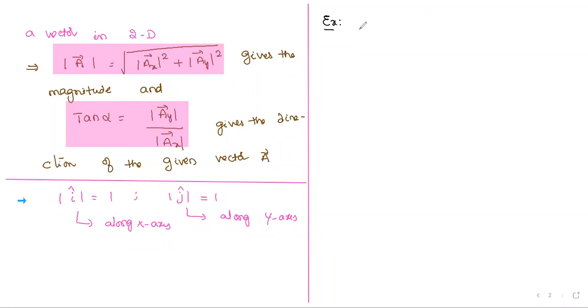Suppose a vector is represented as a bar equals 8 I cap plus 9 j cap.